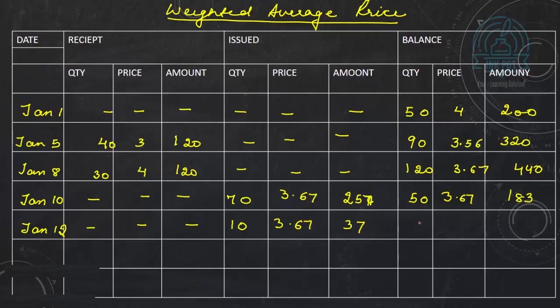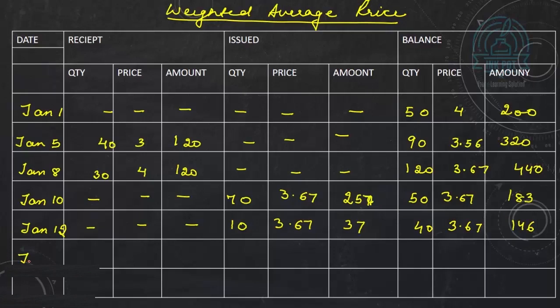And now we are left with 50 minus 10, which is 40 units at the rate of 3.67, which is equal to 146 approximately. Right.